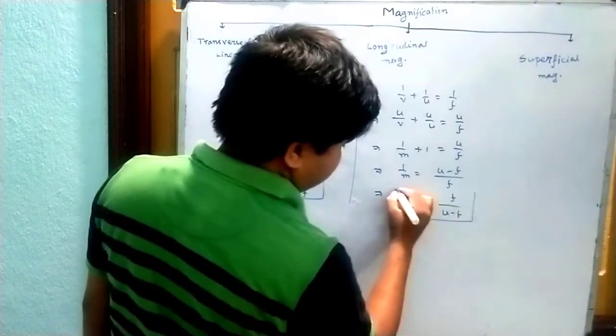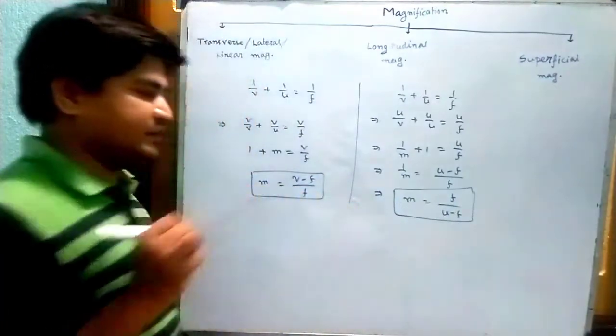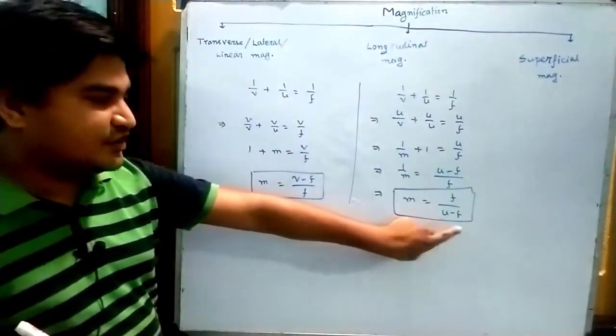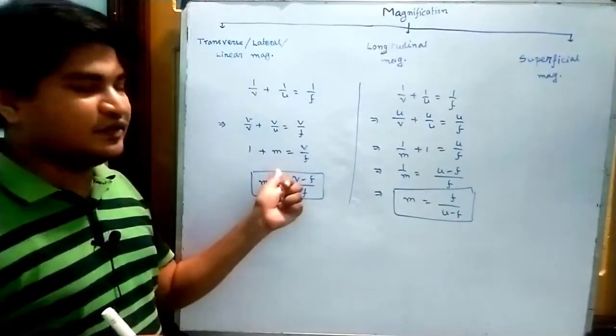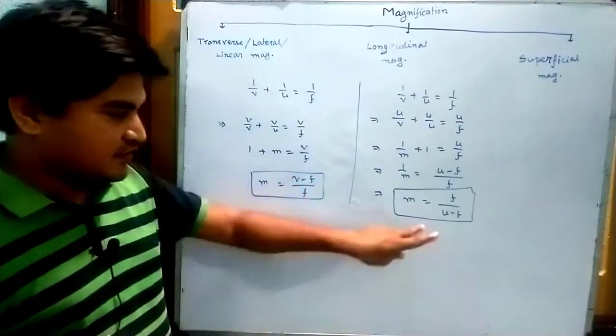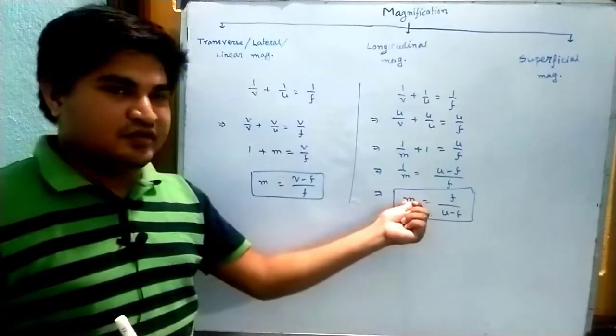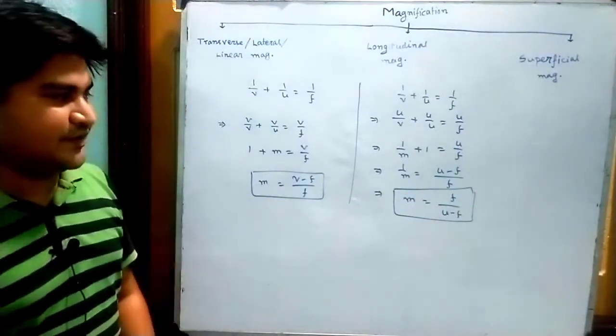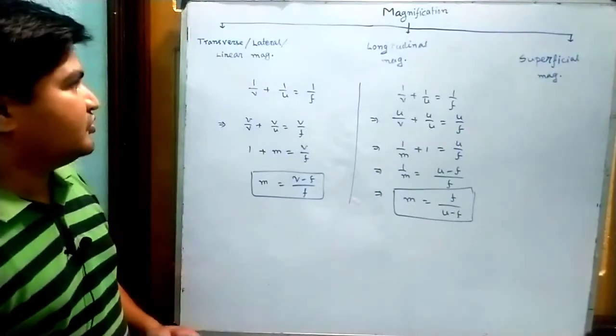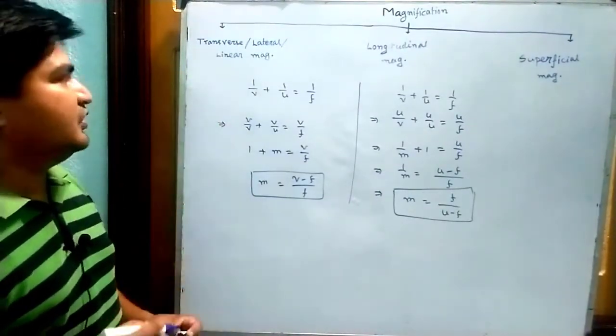This is also the form of linear magnification in terms of object distance and focal length. So this is the relation between linear magnification, image distance and focal length, and this is the relation between linear magnification, object distance and focal length for a spherical mirror. So these are all the things of linear magnification.